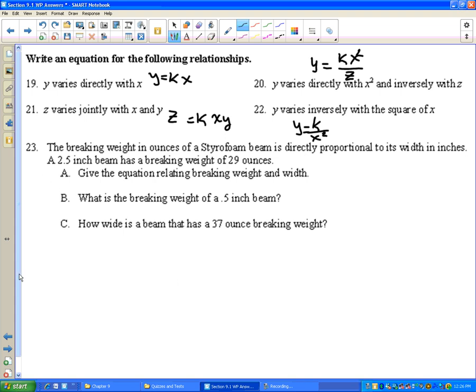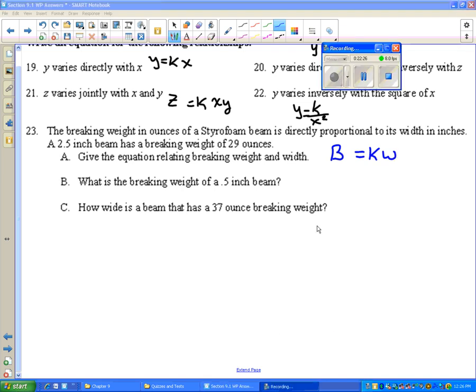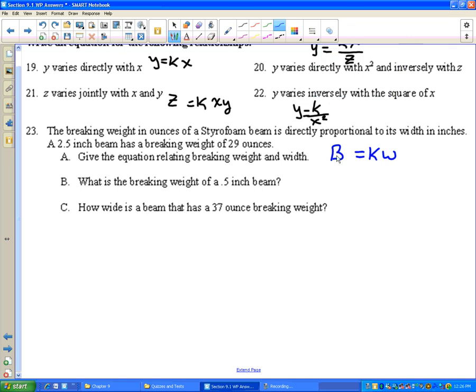Number 23. The breaking weight in ounces of a styrofoam beam is directly proportional to its width in inches. A 2.5-inch beam has a breaking weight of 29 ounces. So let's set this up again. I know that the width is 2.5.